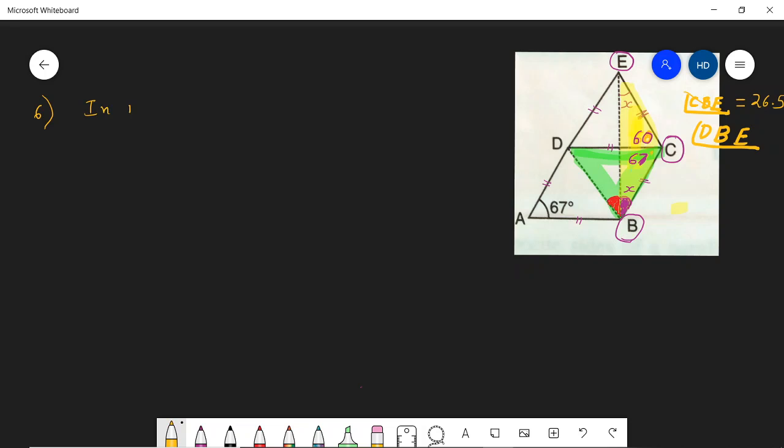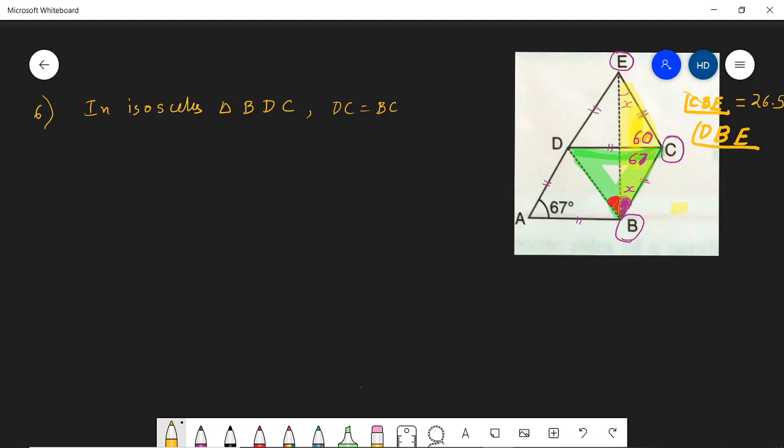So in isosceles triangle BDC, we have DC equals BC.